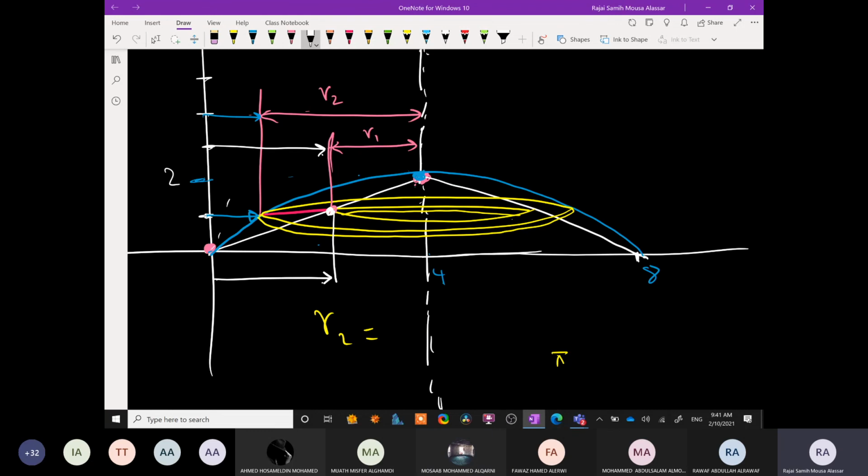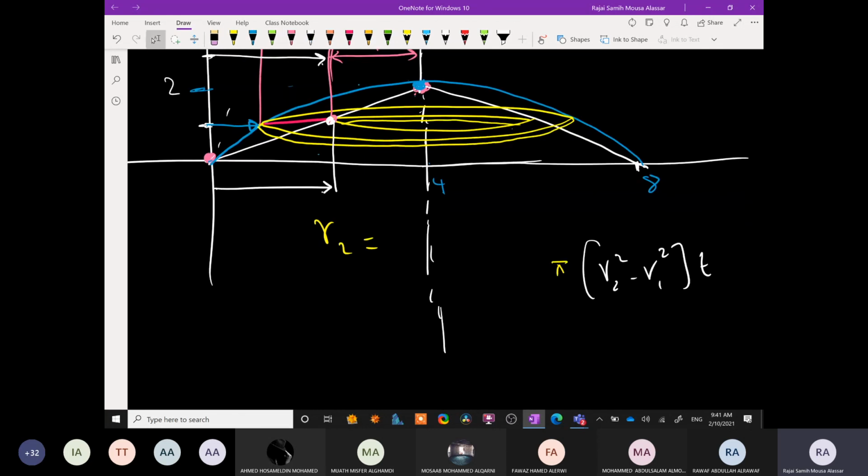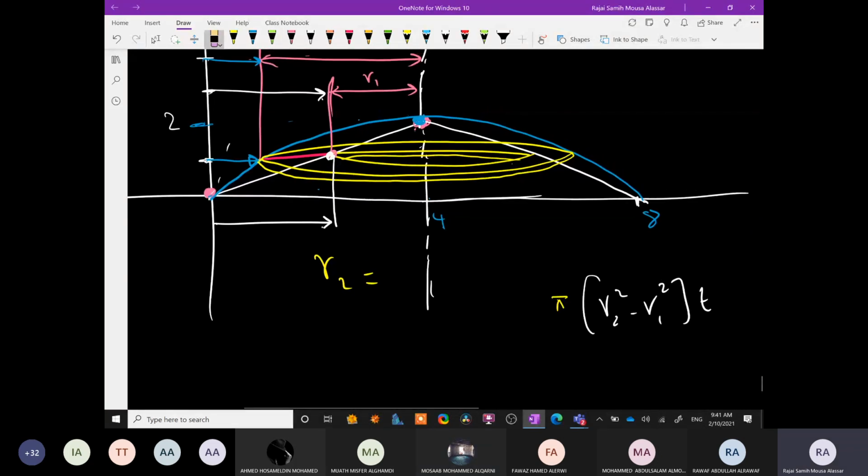Yes. Okay, so now if I want to do R2 squared minus R1 squared multiplied by the thickness, correct? Let's just do that.